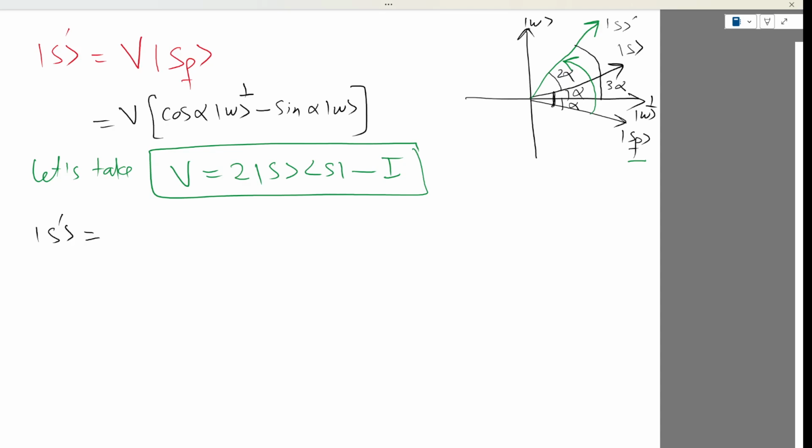So S prime state would be cosine 3 alpha W perpendicular minus sine 3 alpha W.